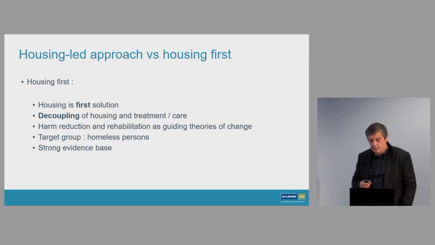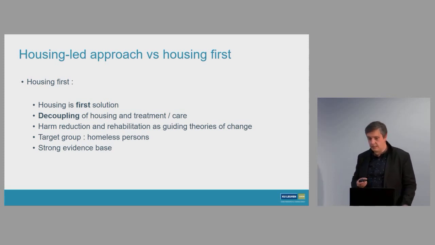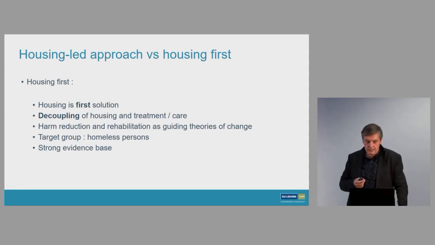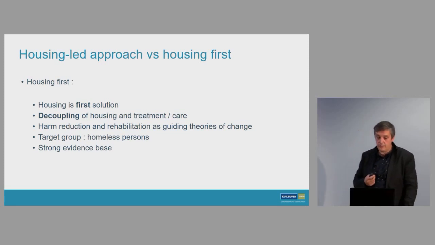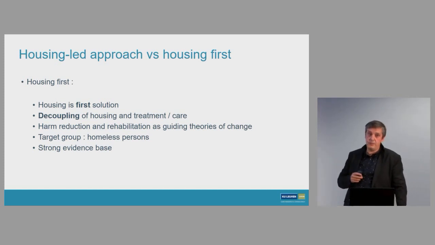Thirdly, housing first is based on the idea of harm reduction, and it's based on the theory of rehabilitation as guiding theory of change. The harm reduction approach, maybe you are familiar with it. It states that in case of severe addiction problems, for instance, alcohol abuse, drug abuse, even then, it's not about getting people to get rid of this addiction.